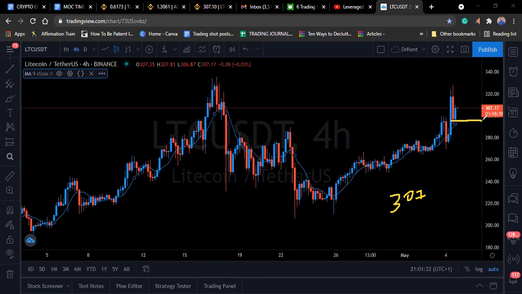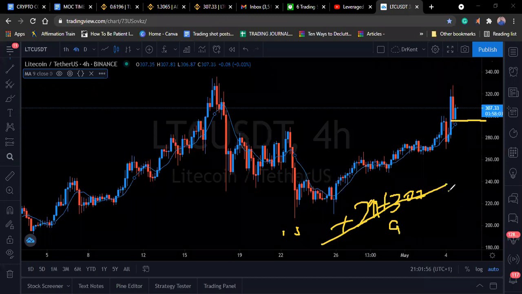It closed here, which should be around maybe 290 something. Then plus 290 something. Then we'll count backwards up to the 9th candle. Let's say they had different numbers up to the 9th candle. Then we'll divide by 9. So the answer that we get is the moving average at this particular point.